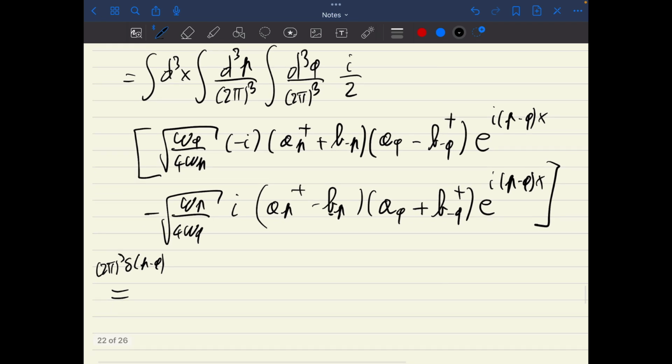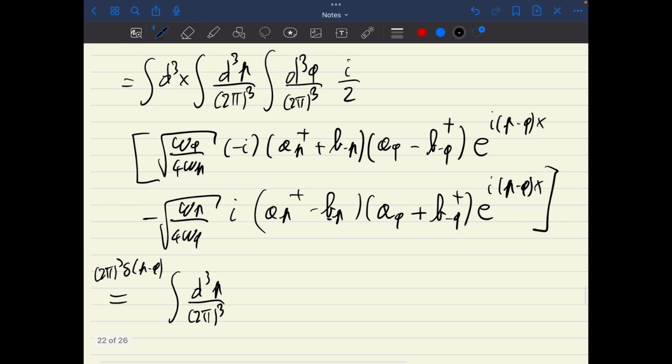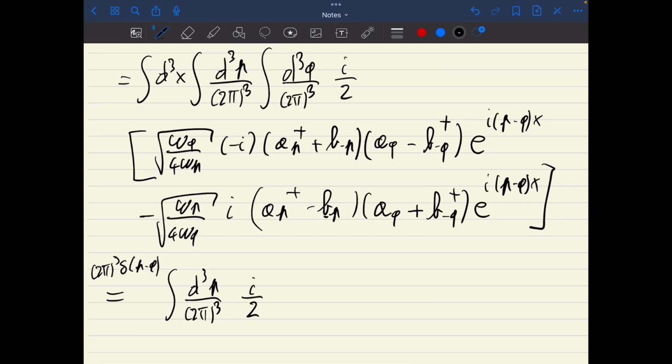Okay, so I'll do that directly. So we are left with this P integral. All these factors vanish, and we are left with this i over 2.